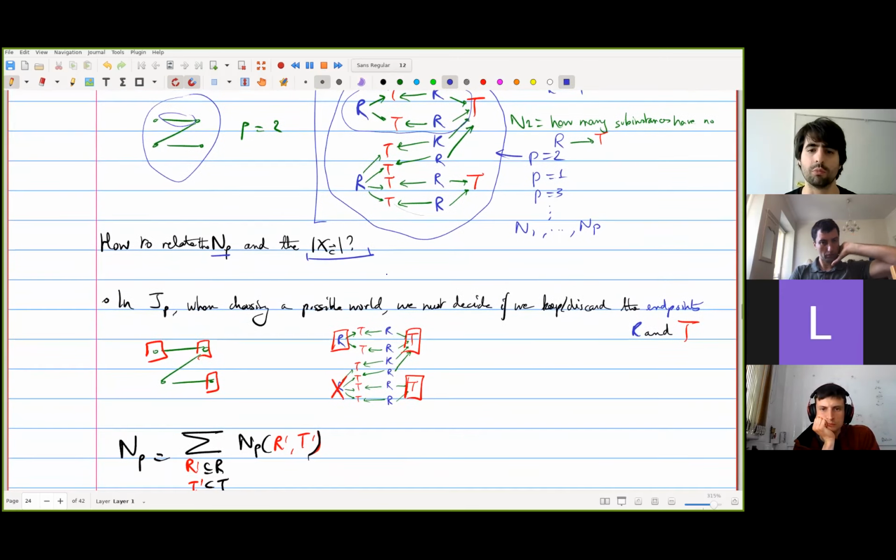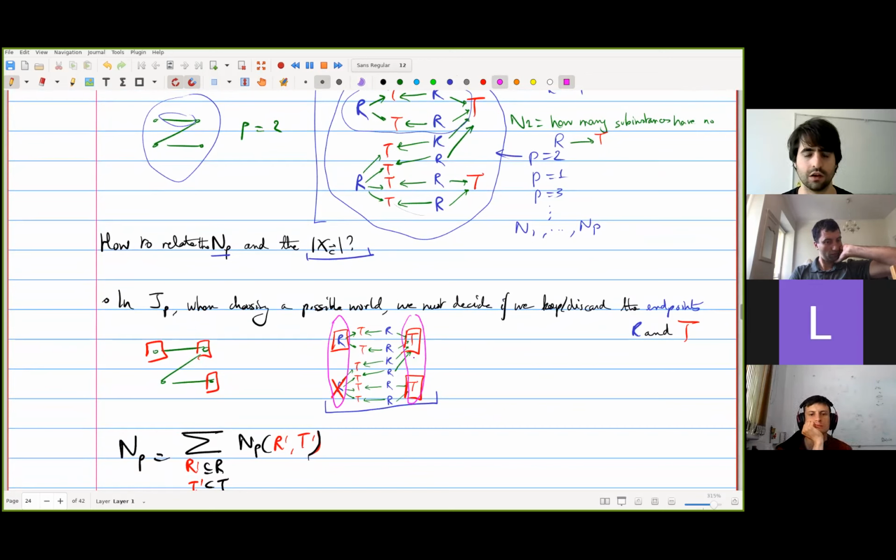When you choose a possible world of this graph, so a subset of facts of this graph, we can first see what you choose about these extreme left R facts and these extreme right T facts. You need to choose whether to keep or discard them. And this corresponds basically to a choice of vertex subset of the initial bipartite graph.